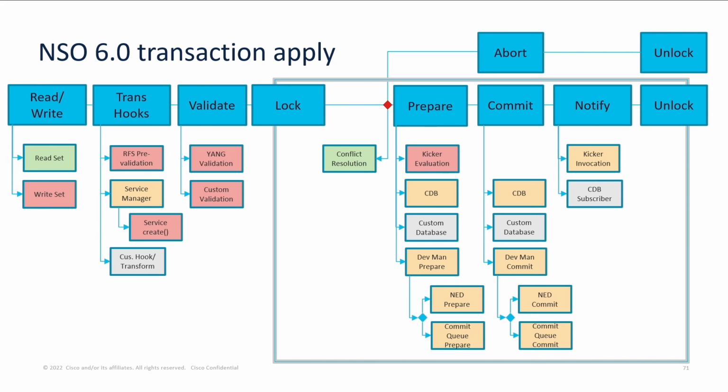And the big difference is that in the work phase, which is this part still, we need to collect the read set. We need to collect everything that goes through the transaction, not only what is written, but also what is read. Because, since this is all in jeopardy, we need a new conflict resolution.